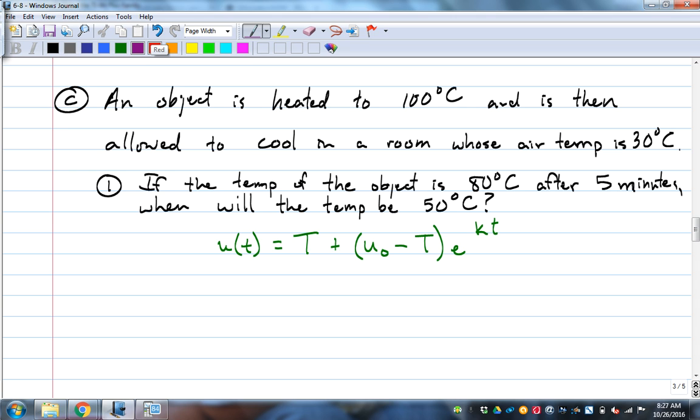We know that in this room that's 30 degrees, so 30 goes in the place of T. That after 5 minutes, the object that was 100 degrees, remember 100 is our initial object temperature, turned into an object that's 80 degrees.